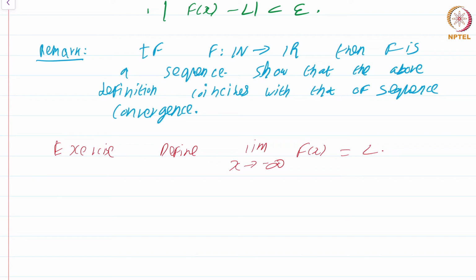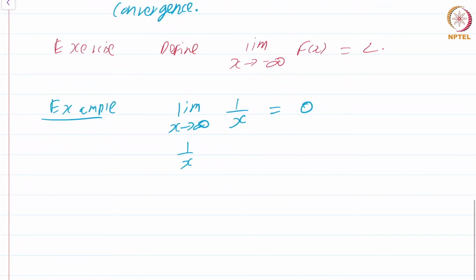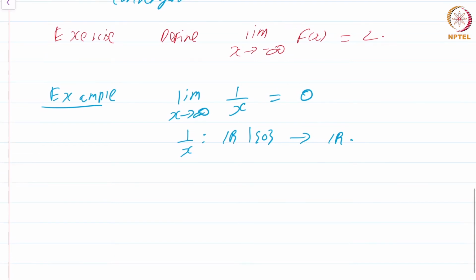Example. The limit as x goes to infinity of 1 by x is 0. Here 1 by x is of course defined on R minus 0 to R. How do you solve this?